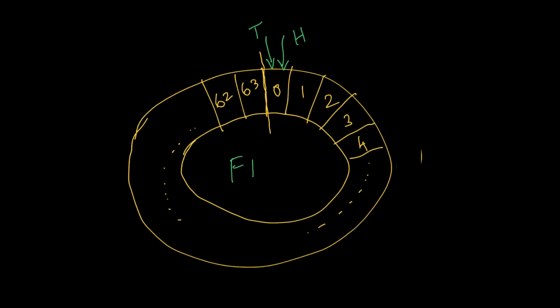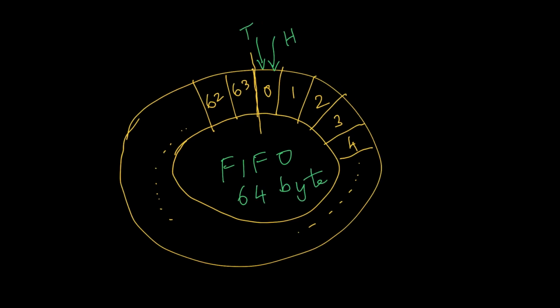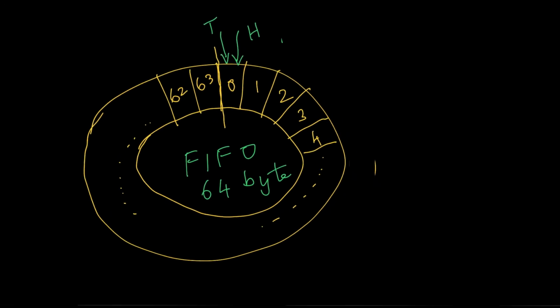So this is your 64 byte FIFO, and the status of the FIFO is currently empty, because head and tail are equal.